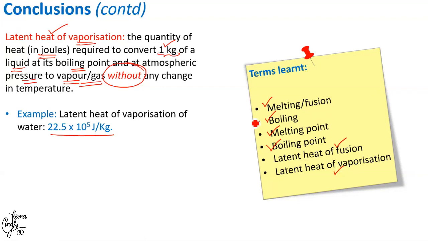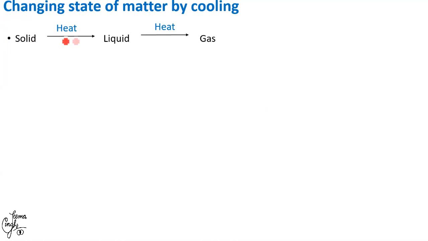Moving ahead, let us learn about few more processes. Actually, the reverse of these two processes. If on supplying heat, we can change solid to a liquid and a liquid to a gas, can we do the opposite by lowering the temperature or cooling, converting a gas to a liquid and a liquid to further solid? Yes, of course. If we cool the vapors or the steam by lowering the temperature, it gets converted into liquid water.